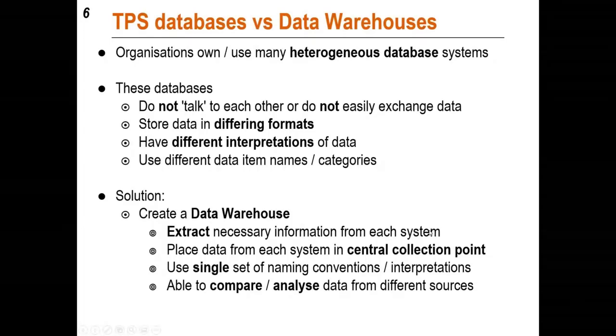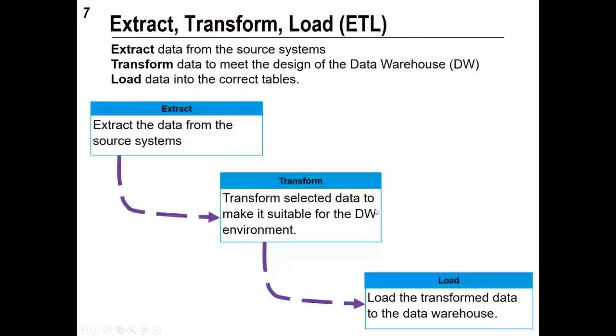So we have a process that we need to go through in order to create the data warehouses. That process we usually call the ETL process. So E stands for extract, T stands for transform, and L stands for load.